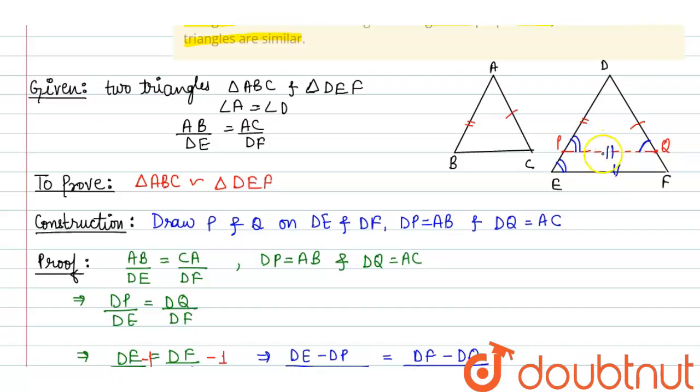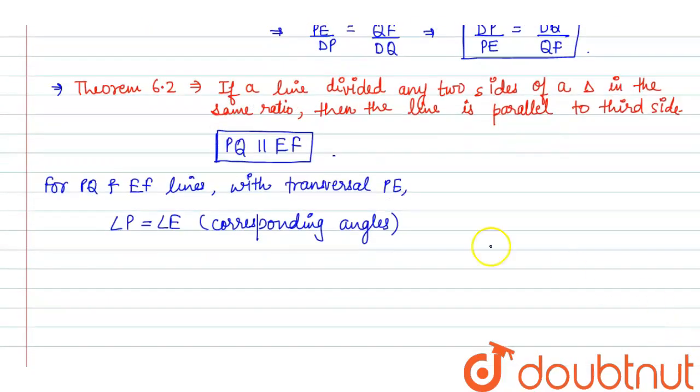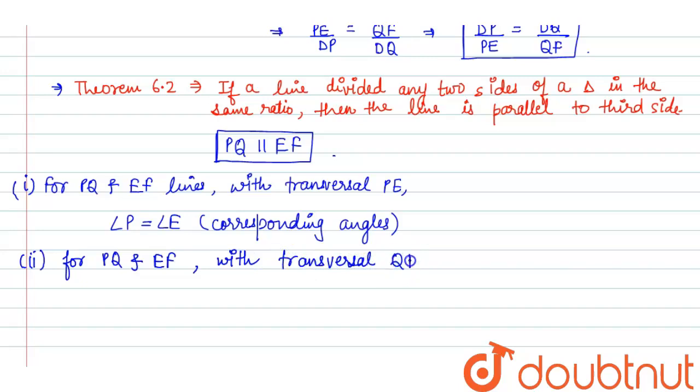Similarly, for the second point, for the same lines PQ and EF, with transversal QF on the right side of the triangle, angle Q equals angle F, which is a corresponding angle. This is first and this is second.